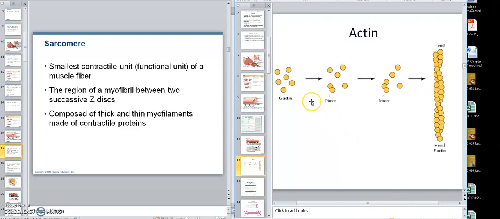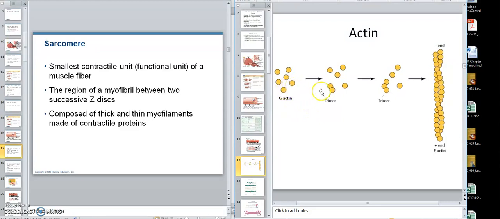Okay, actin is made up, so we start with a polypeptide, just a straight polypeptide. Then we're going to take that polypeptide and fold it into a ball. When we fold it into a ball, that's about 275 amino acids, don't worry about it. But when we fold it into a ball, it forms a globule, and that's what we call G-actin. Then what we do is polymerize.